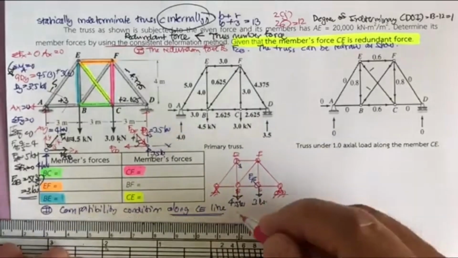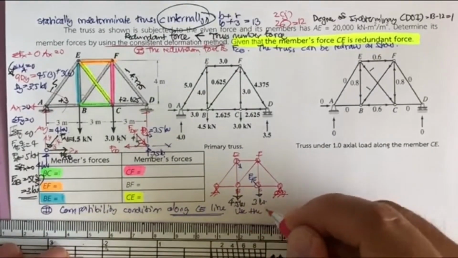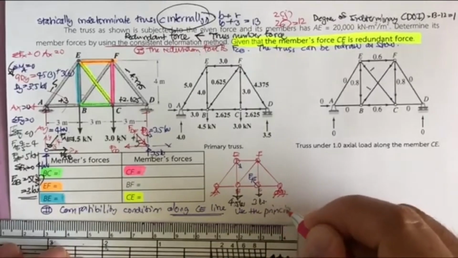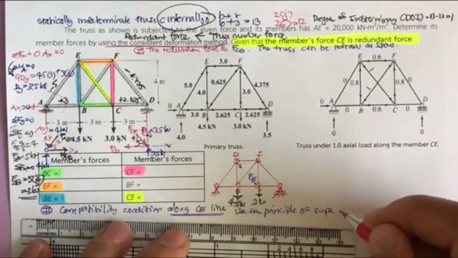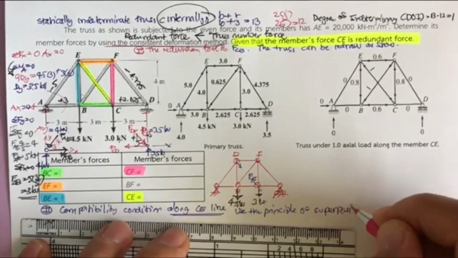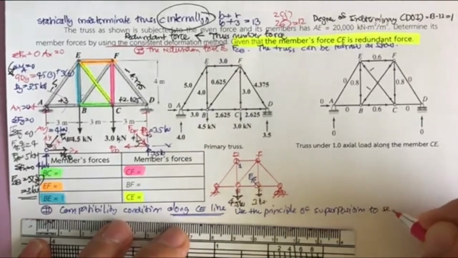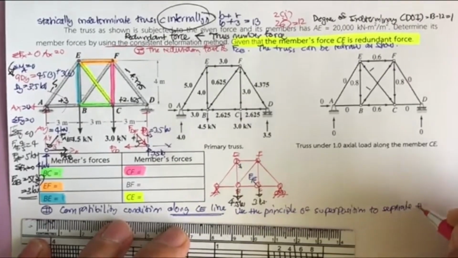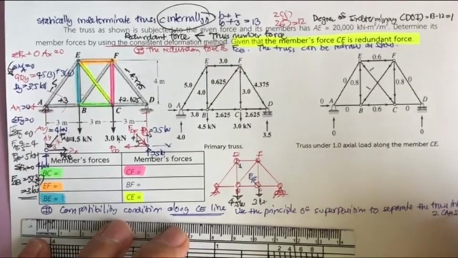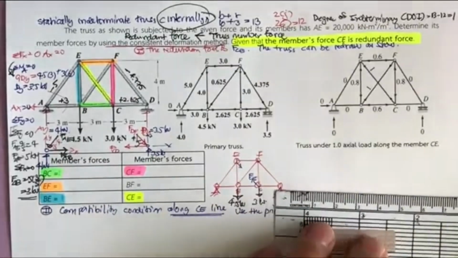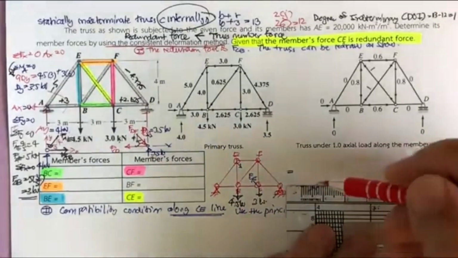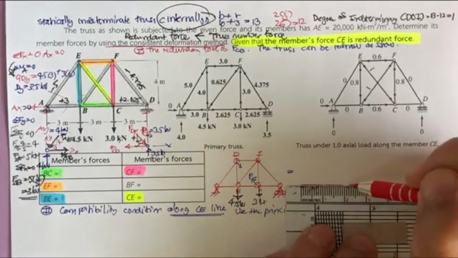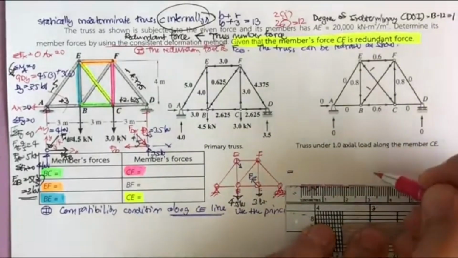Okay, and then we use the principle of superposition to separate the truss into two cases as shown. Okay, so we have one is the primary truss. So this is going to be equal to, and then you're going to plus another one.